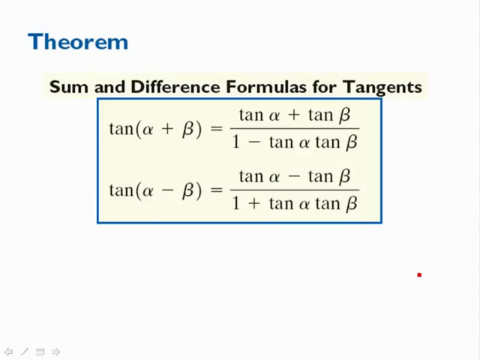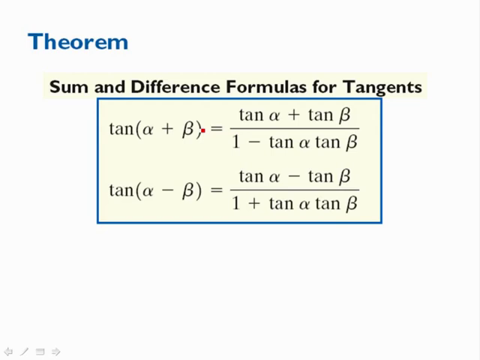We could prove that the tangent of alpha plus beta is equal to the tangent of alpha plus the tangent of beta divided by 1 minus the tangent of alpha times the tangent of beta. The proof is relatively straightforward. All we need to do is rewrite this in terms of sine alpha plus beta over cosine alpha plus beta, and then do some simplification.